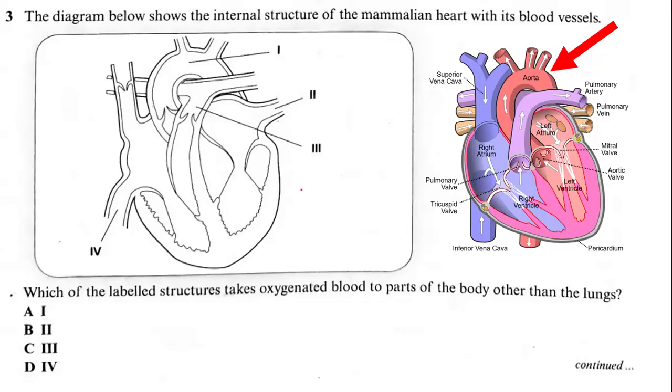It's definitely I, because I is pointing to which structure? The aorta. And the aorta is the largest what? The largest artery. Very good.